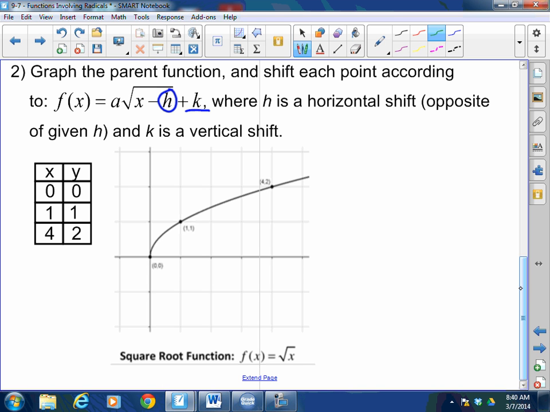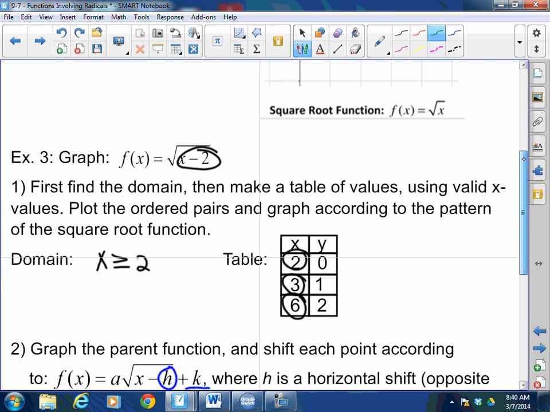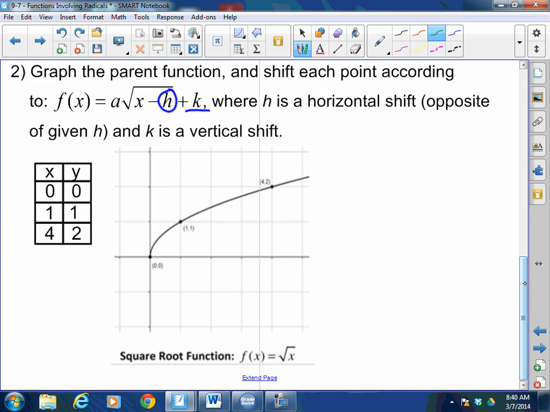What if I wanted to graph this one right here, x minus 2? I'm going to the right 2 points. So every point I go 1, 2 to the right, and that's my new graph.